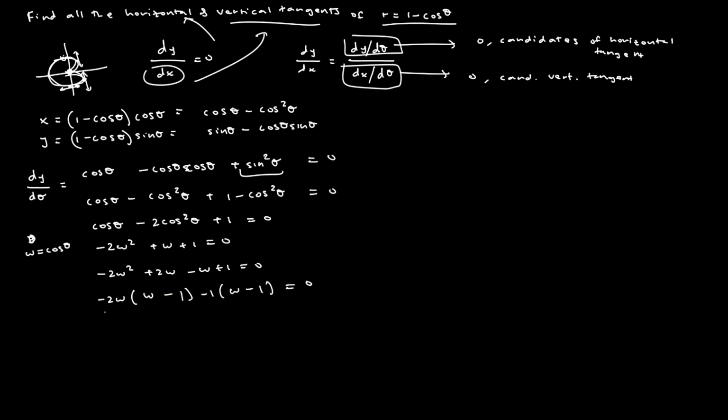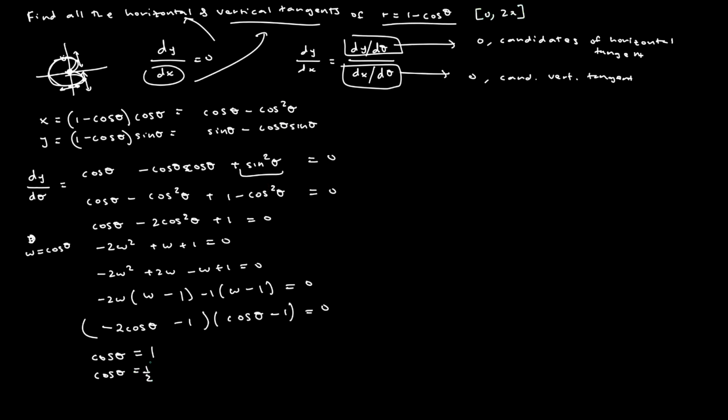And then our factored form is now just minus 2 times cosine theta minus 1 times cosine theta minus 1 is equal to 0. And now this is just when cosine theta is equal to 1, and whenever cosine theta is equal to 1/2. I think one thing I forgot to mention is that we're only worried about the interval from 0 to 2 pi, just to make things simple.